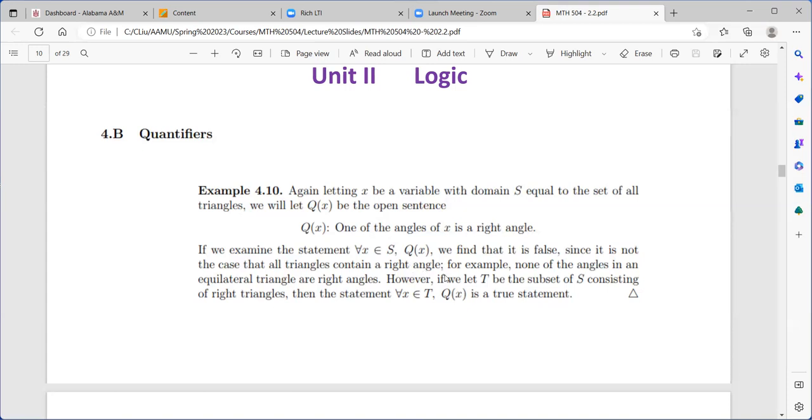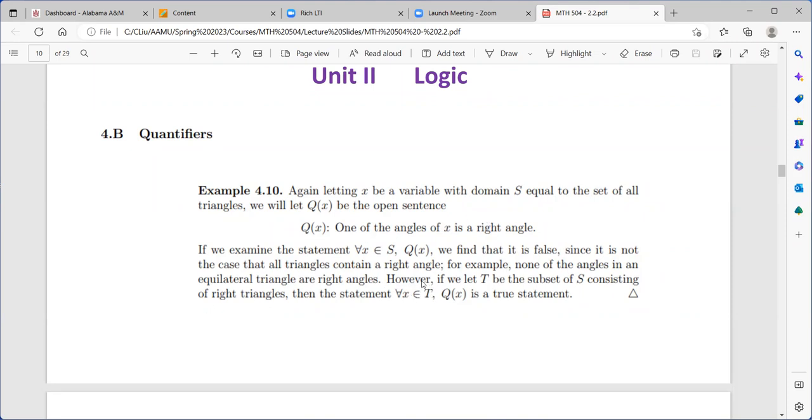However, if we let T be the subset of S containing all right triangles, then you can write the statement for any x in T, Q of x. That's a true statement. We let x take values from a subset of S, T, which is defined as the set of all right triangles.